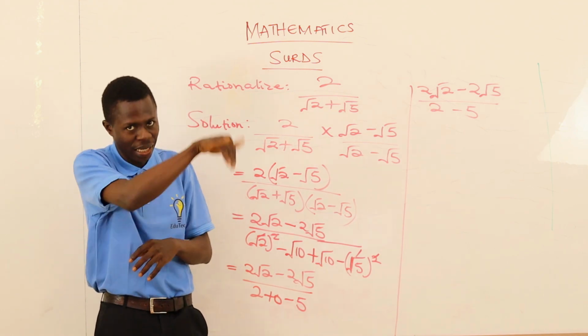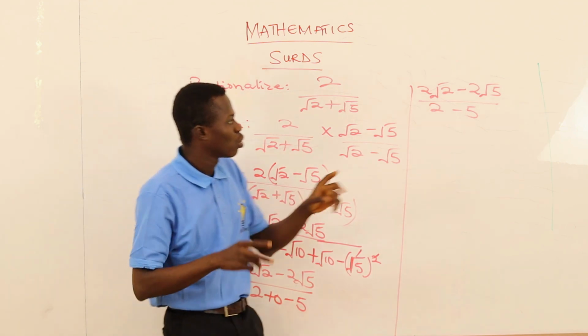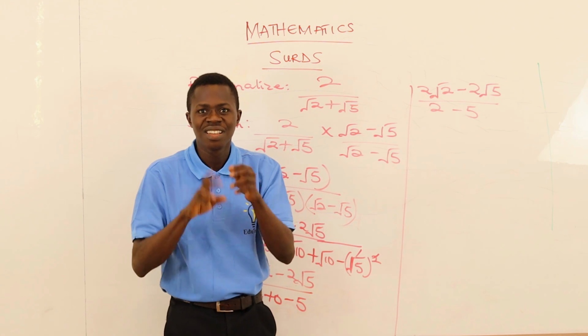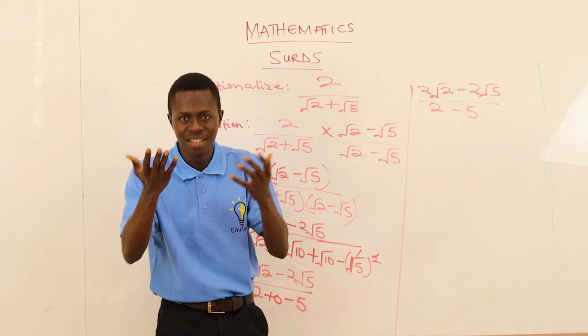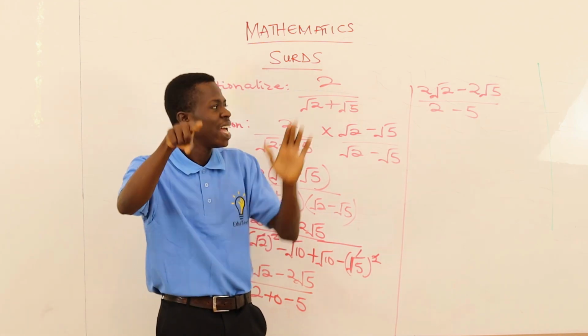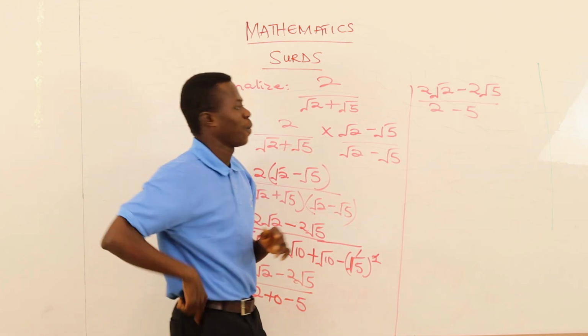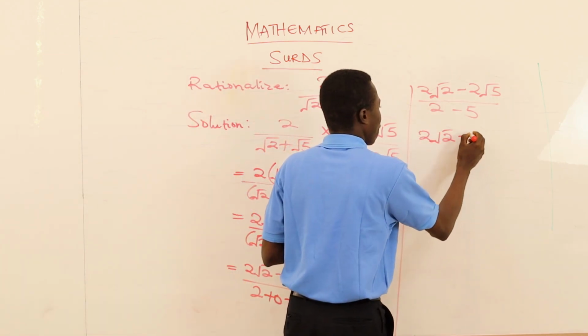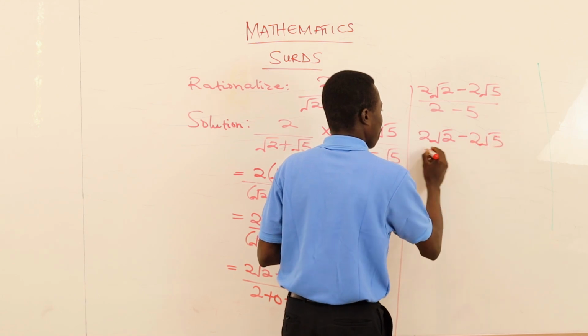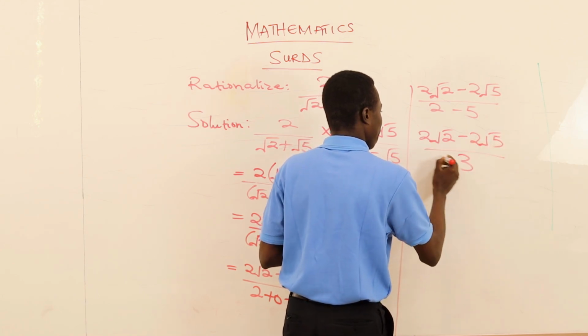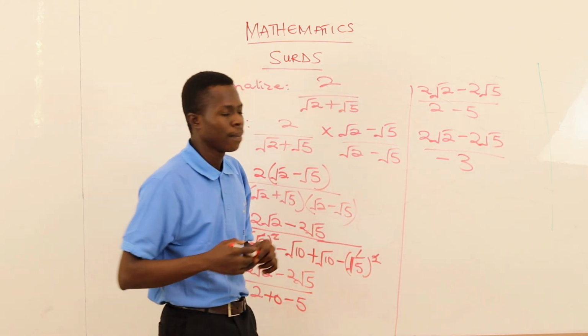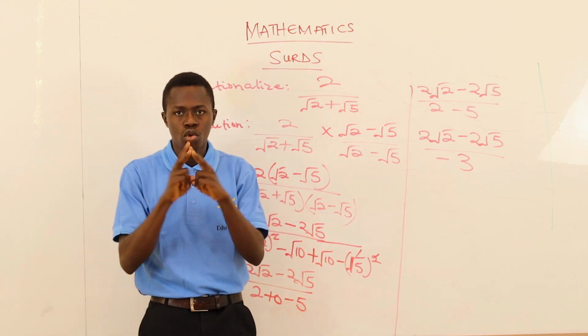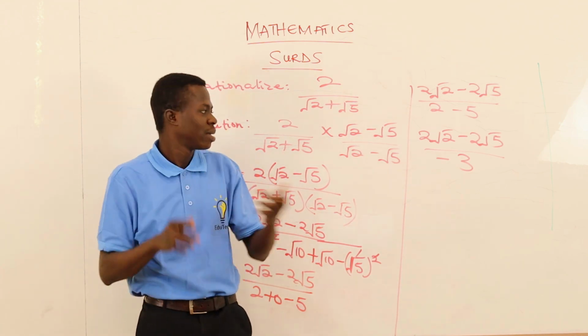No. This means that we've been able to successfully rationalize our denominator, and that is our main goal. So we now have 2 minus 5, and the answer will give us negative 3. So we are going to have 2 square root of 2 minus 2 square root of 5 all divided by minus 3.